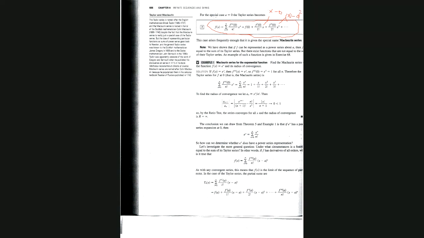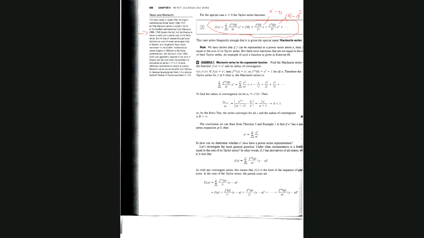The Taylor series is named after the English mathematician Brook Taylor. He lived from 1685 to 1731. The Maclaurin series is named after Scottish mathematician Colin Maclaurin. I'm just looking at the little bibliography here. And he lived from 1698 to 1746. These mathematicians came up with these beautiful results in math because they needed to compute things.